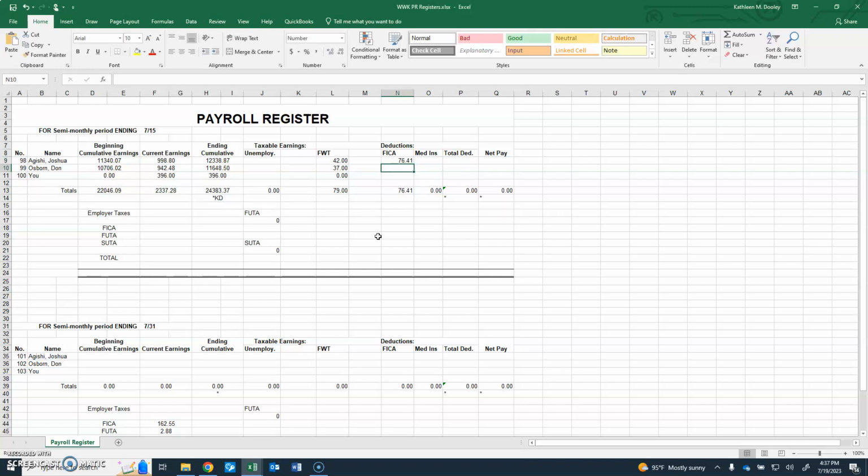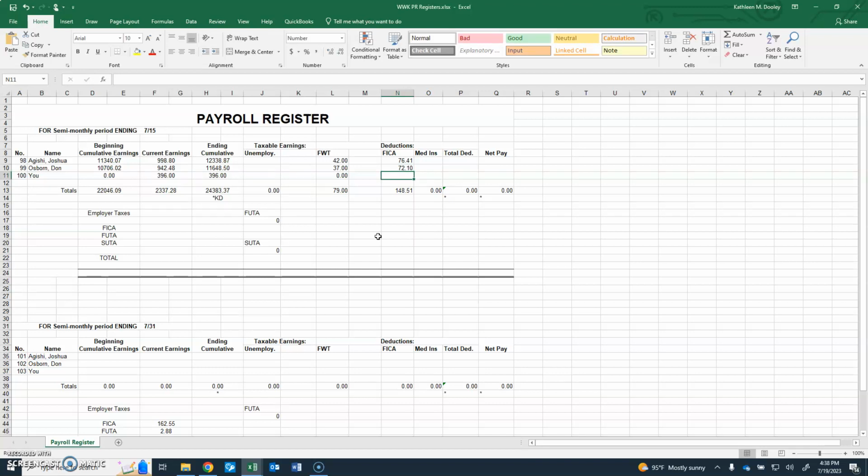Now Don is 0.0765 times 942.48, and we get 72.099. Again, the third digit is high enough that we need to increase the second digit, so we end up with 72.10.